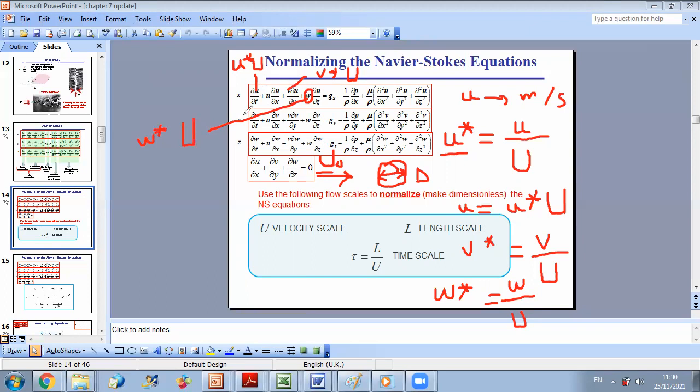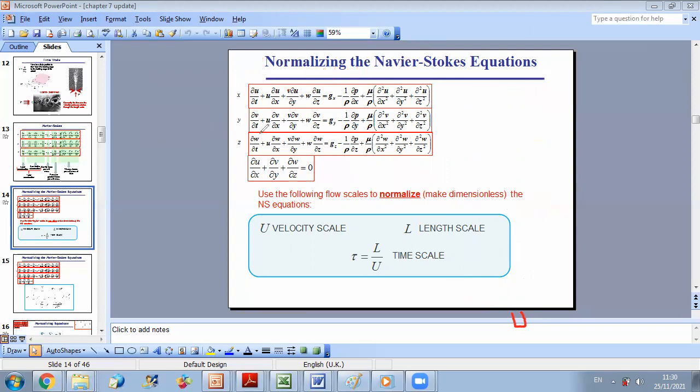Now I will move to other parameters. What are other parameters present in my equation? I have, for example, lengths x, y, and z. So I should divide them by a length scale to normalize them. Here, for example, in the example of the sphere, what is the characteristic length? It is the diameter.